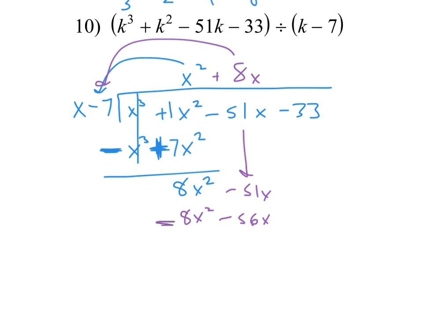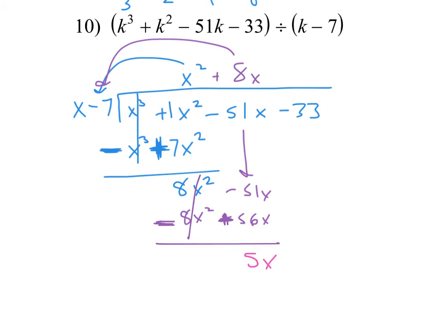What do we do next? Change the signs. Negative and positive. What happens to the 8x squareds? Cancel. What's negative 51x plus 56x? 5x.